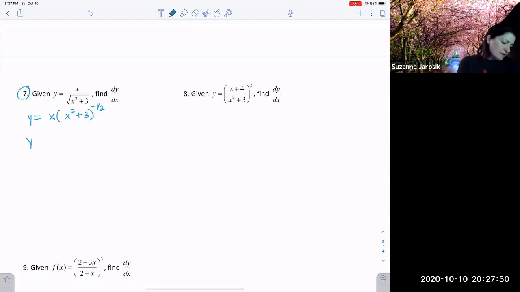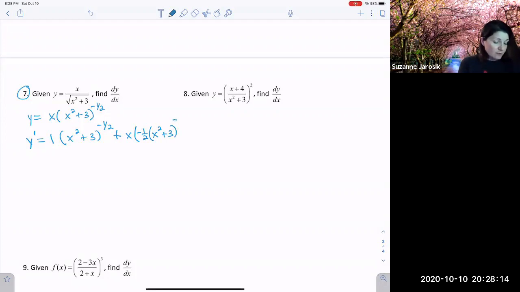So when we go to take the derivative, 1 times x squared plus 3 to the negative 1/2 plus x times negative 1/2 times x squared plus 3 to the negative 1/2 minus 2 halves, or negative, right? Negative 1 is negative 2 halves. That'd be negative 3 halves.